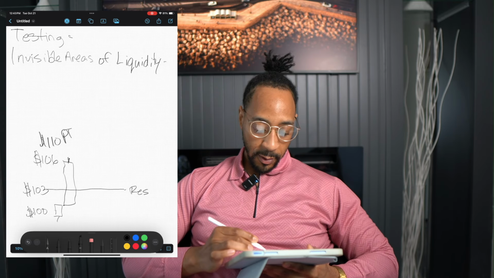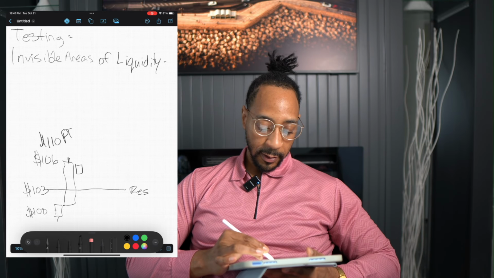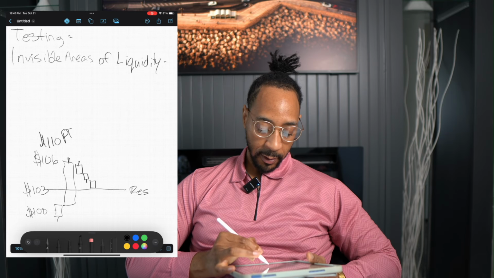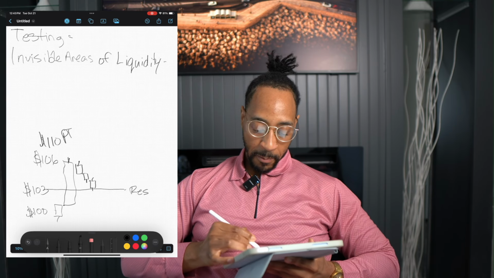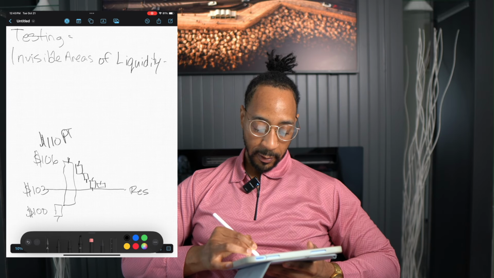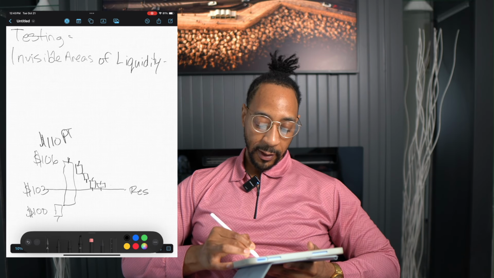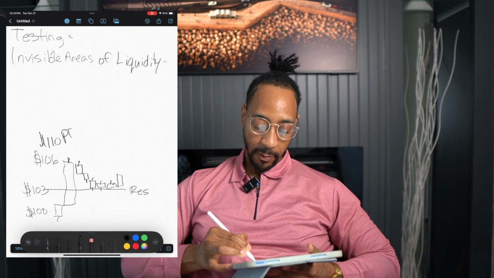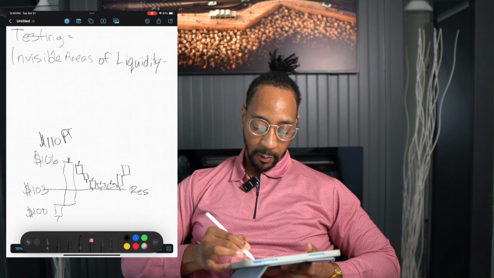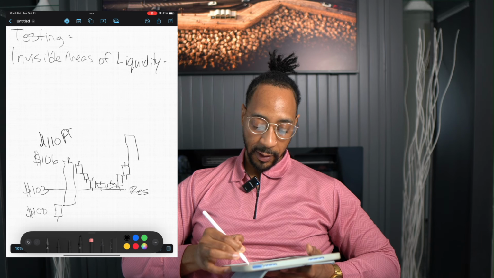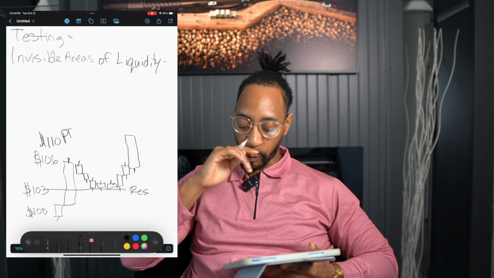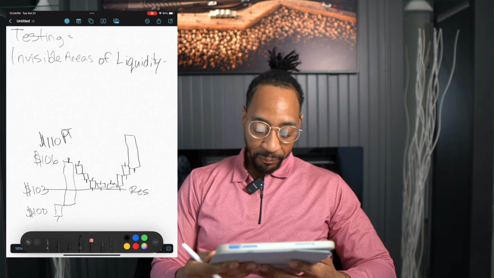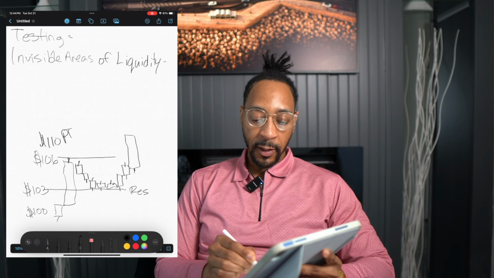And then what does it do? We see something like this, and then it'll come right back down to this, and then it'll stay like this. We may even see something like this, and then it starts to come up and goes and hits that target. This is literally a break and a retest. And this was the new resistance.